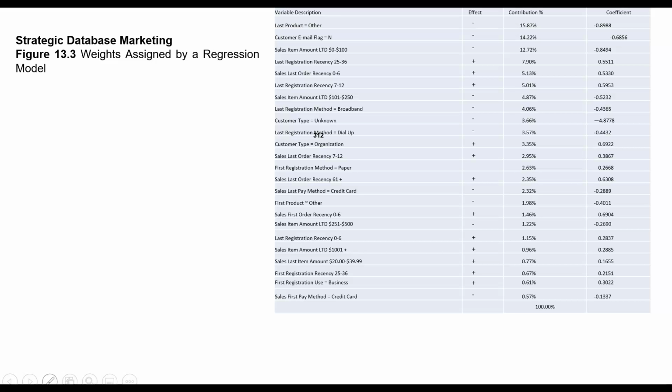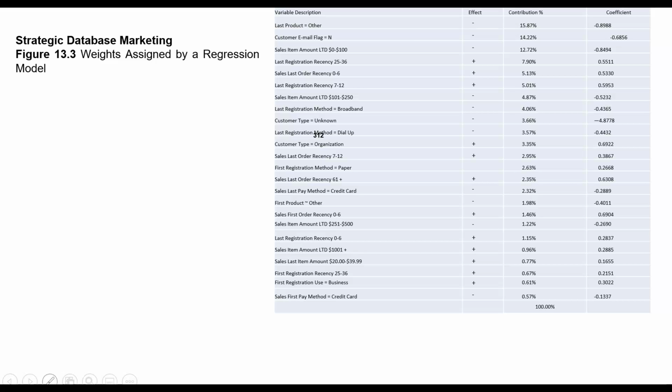And when you do the multivariate analysis, you find that some of these things have a negative contribution. Like the first three, you see the effect, is it negative or positive? And then you see how much negative and how much positive each one is, which is the percentage in the contribution column. See, it adds up to 100% at the bottom.